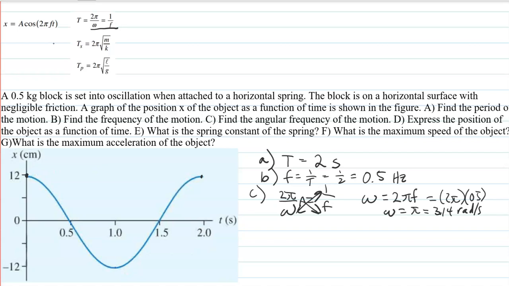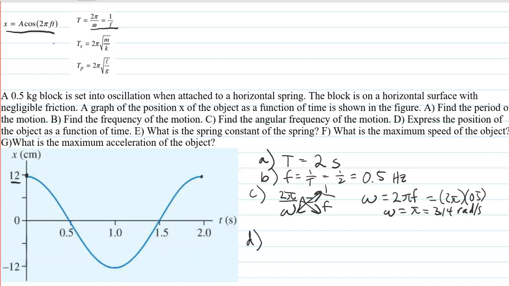Now we want to express the position of the object as a function of time. So we want to use our general expression for position as a function of time for oscillatory motion. Remember, the thing out front is the amplitude, and we can get the amplitude right from this graph. So this 12 is the maximum position that the object gets to, and that's 12 centimeters.